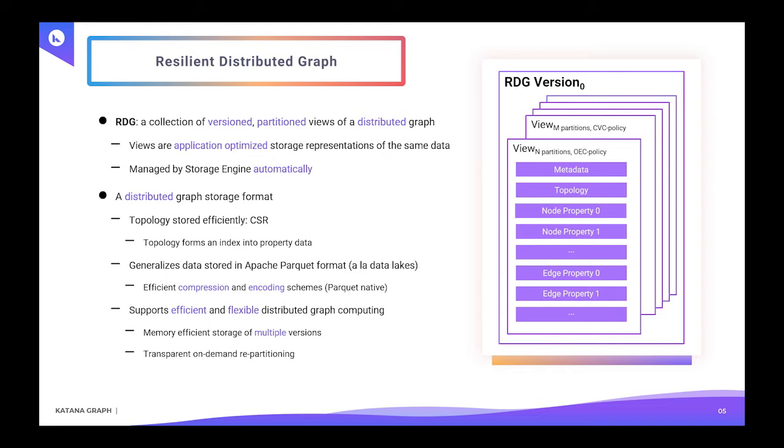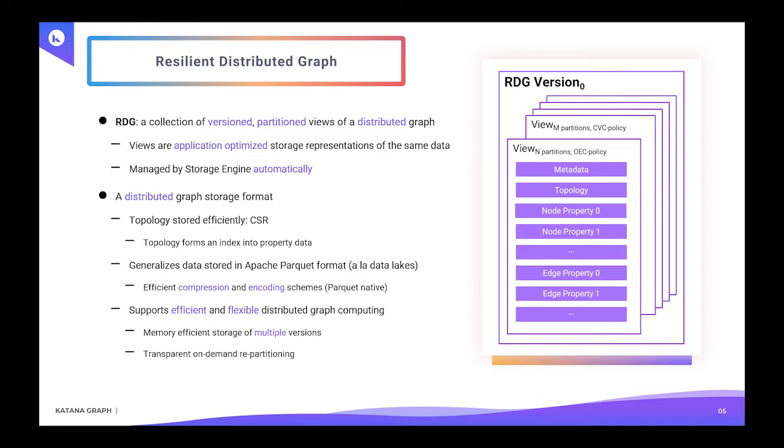For example, if a graph has a non-trivial number of high-degree nodes, then a vertex cut partitioning policy works better than an edge cut partitioning policy at balancing distributed workloads. Then we can create a partition view for the graph with a vertex cut partitioning policy. In contrast, for a graph with a more even degree distribution, it may make more sense to generate a view with an edge cut partitioning policy.